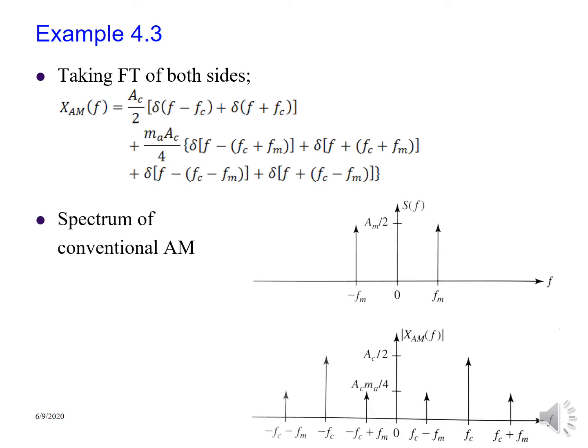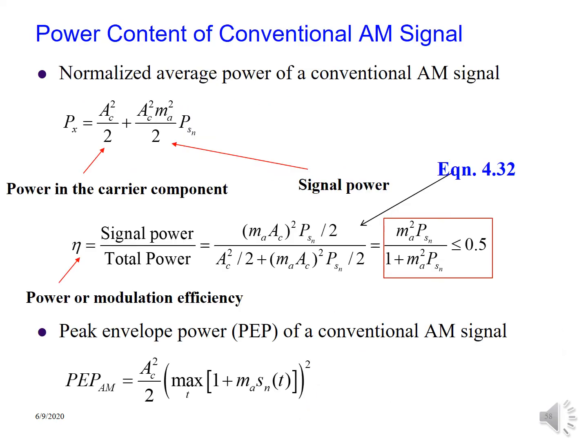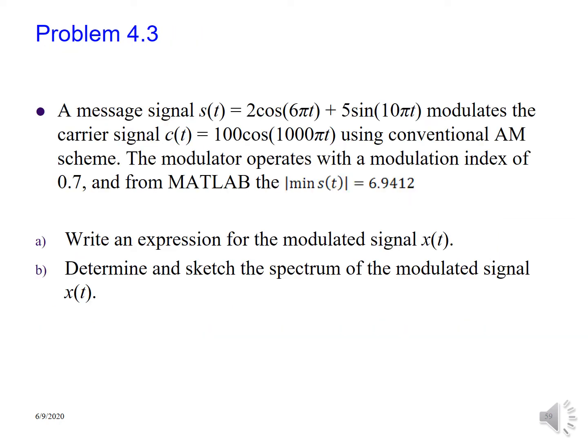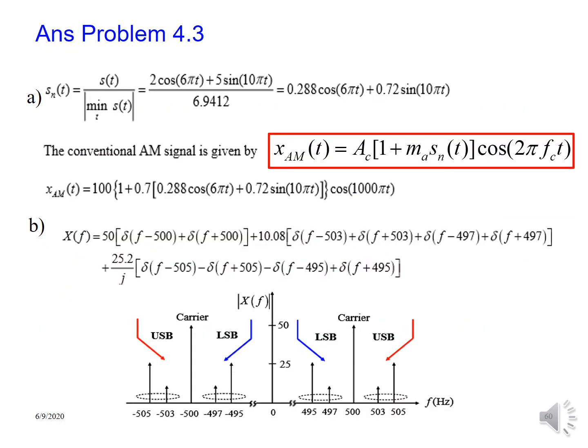This is the simplest example. We will get not only the sidebands but also the carrier. Then, how to calculate the power of the conventional AM. We have gone through this example with values.